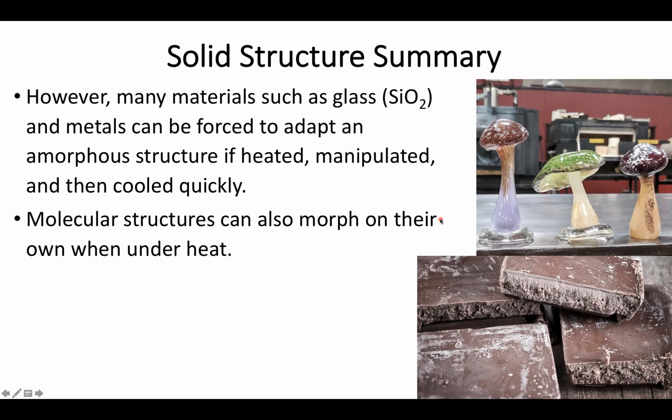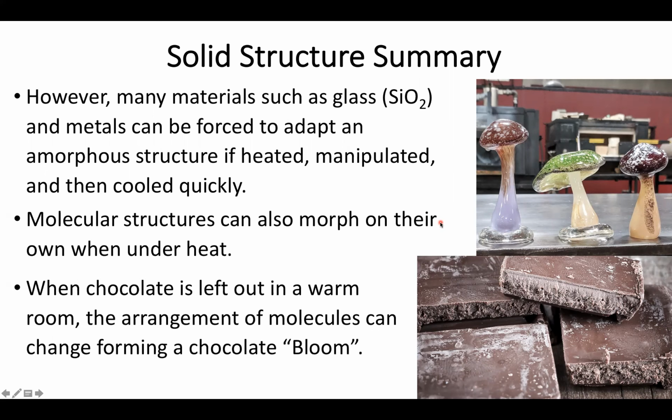One cool molecular species that tends to morph on its own is chocolate. So it turns out chocolate has a fairly regular structure. One might even be able to call it a good crystal structure. However, if you leave it out in the heat, it tends to manipulate on its own, and you start separating the sugars from the fats based on those intermolecular forces, and they separate in what's called a bloom.